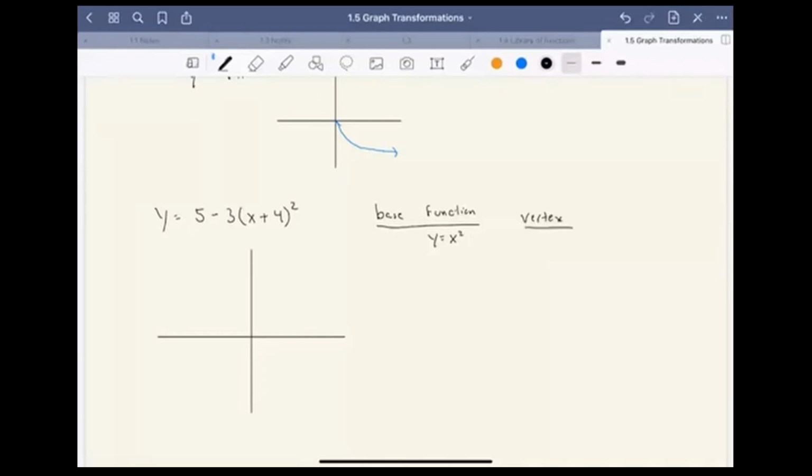Our vertex is whatever makes the thing we're squaring 0 and the point at which that occurs. So -4 is the x-coordinate, and 5 is the y-coordinate. Okay, now it's not asking us for that yet, but that's sort of giving us an idea of what to do.